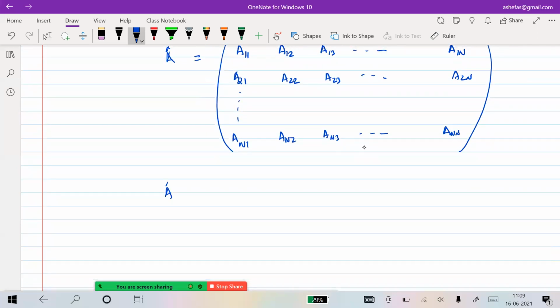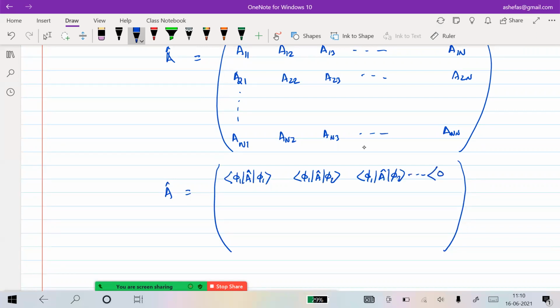So we can represent the matrix representation in the inner product way also. A11 is nothing but phi 1 A phi 1. A12 is phi 1 A phi 2. Then phi 1 A phi 3, etc. up to phi 1 A phi n.